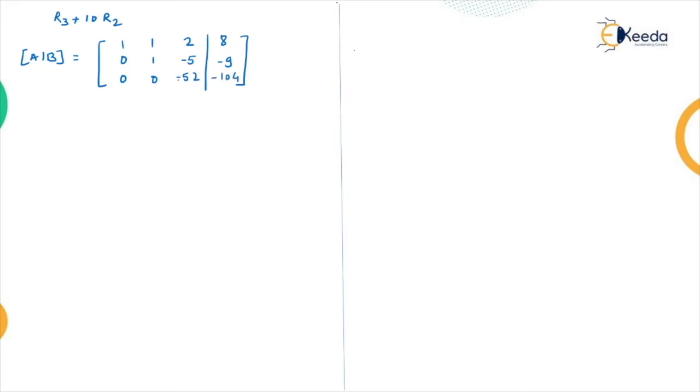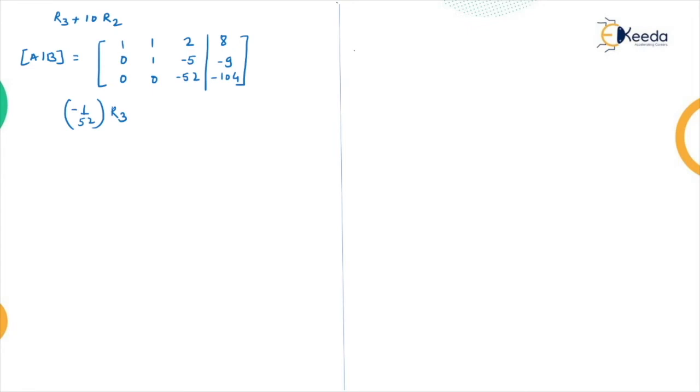Now your next target is to make the minus 52 a 1. So how to make this? You have to simply multiply by minus 1 upon 52 into R3.